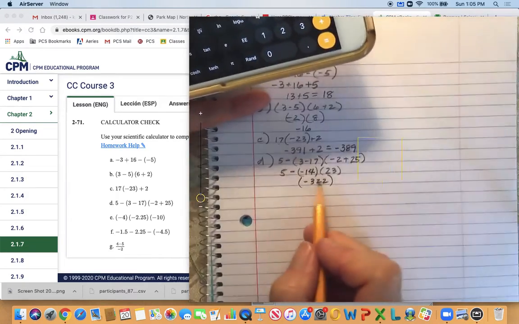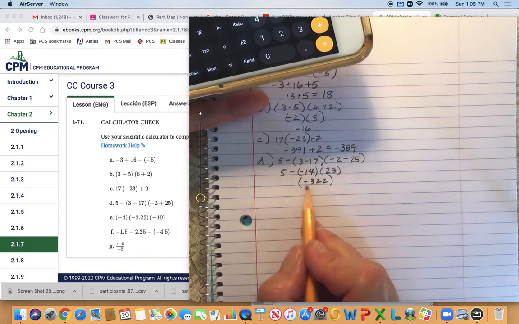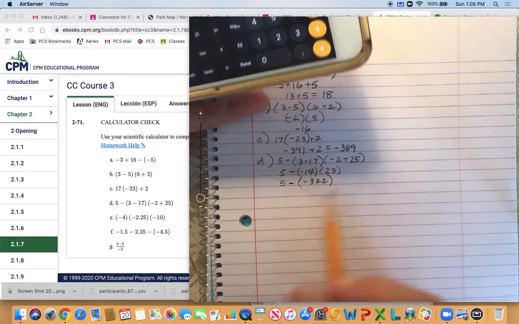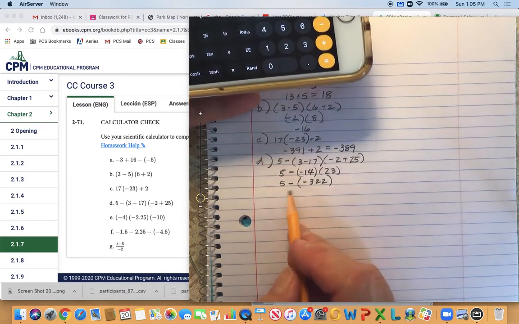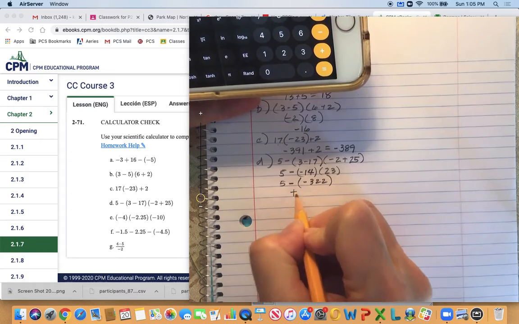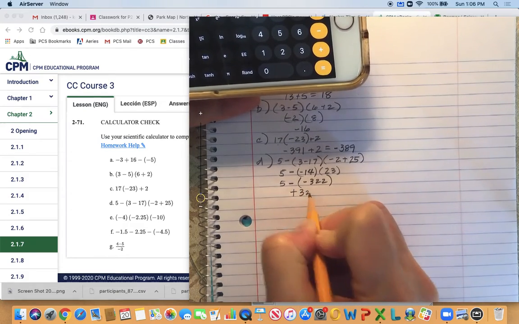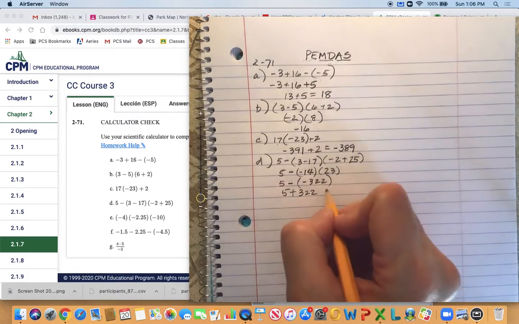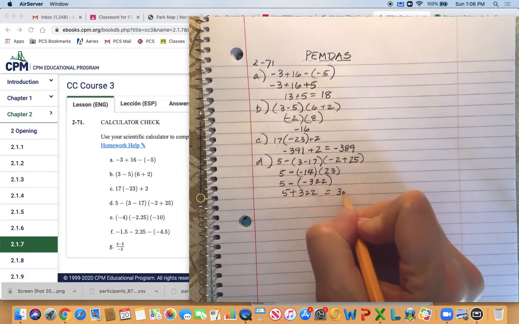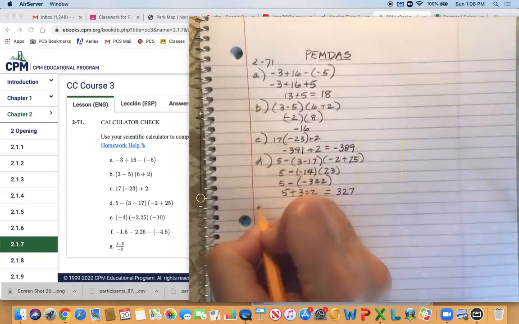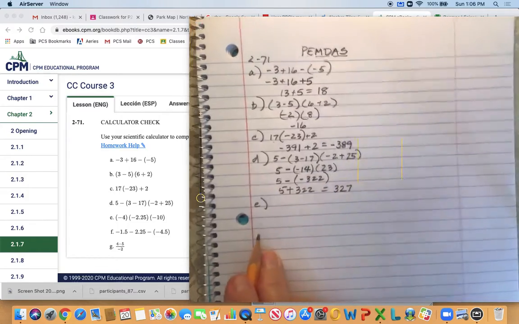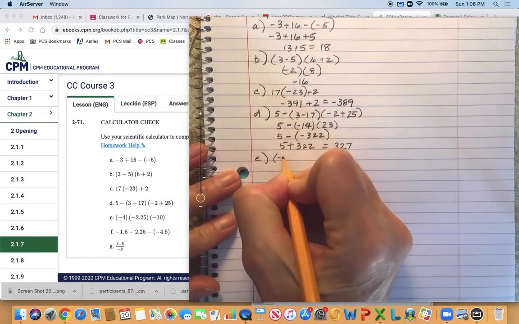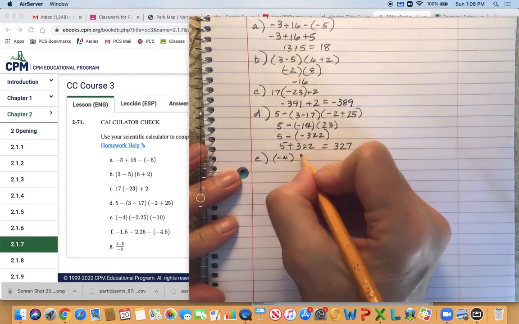I'm putting that in parentheses because it's negative, and we have this negative sign here, this 5 minus. So now we know that we can flip this to being a plus 322 with 5 in front. And so really, this is 327.